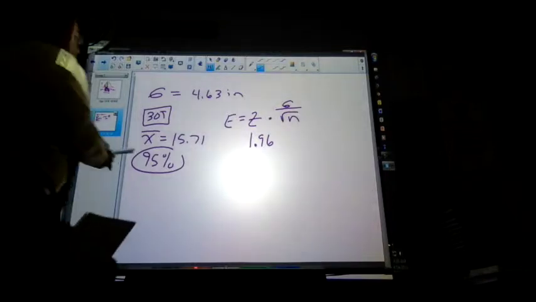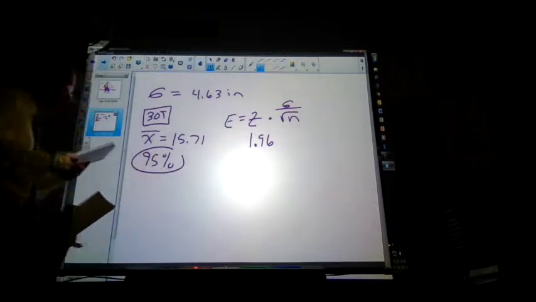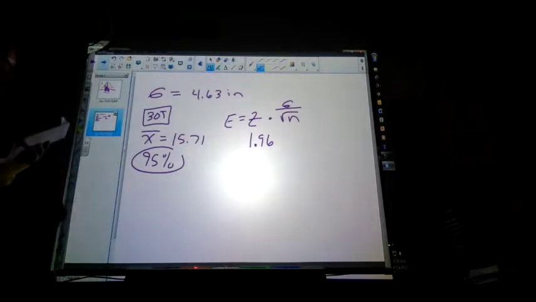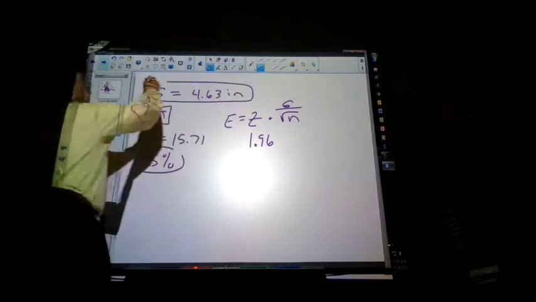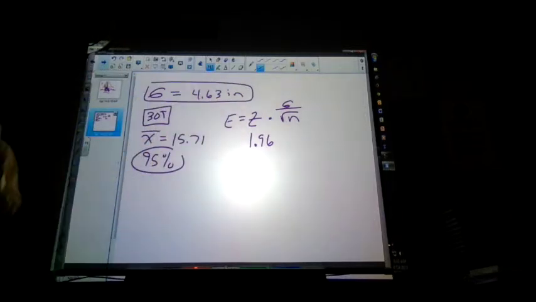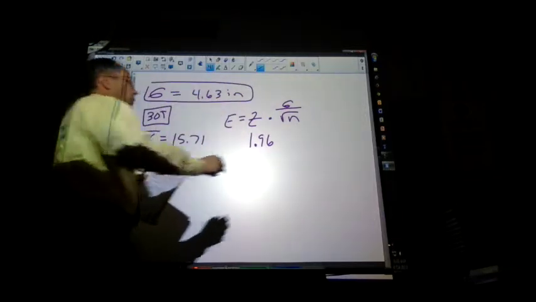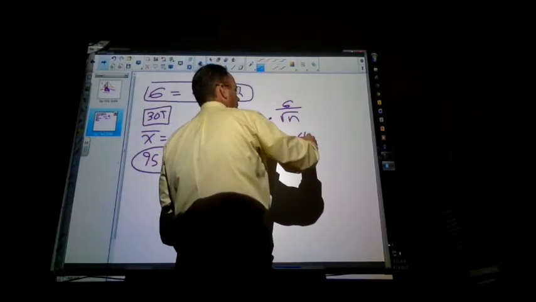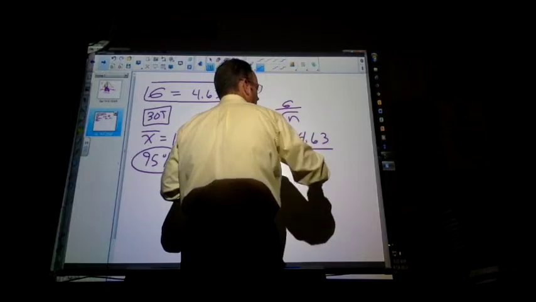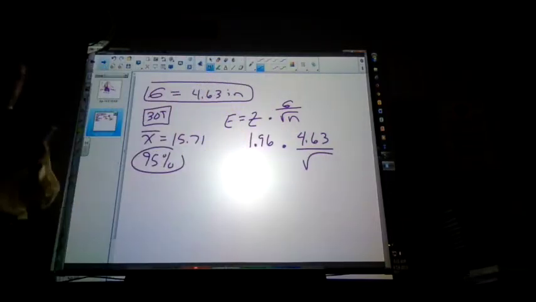Okay? And then we're going to say, all right, we know that we have this as our standard deviation from our whole population of trees. We have much data, and now we're going back and analyzing 30 trees. So we know that's 4.63, and then we're going to do it over the square root of the number of trees that we're talking about.